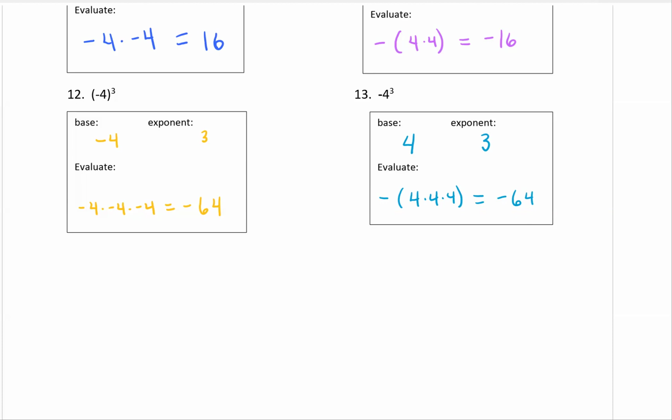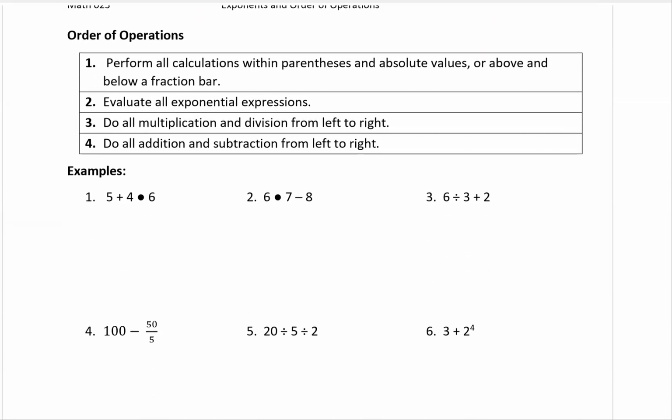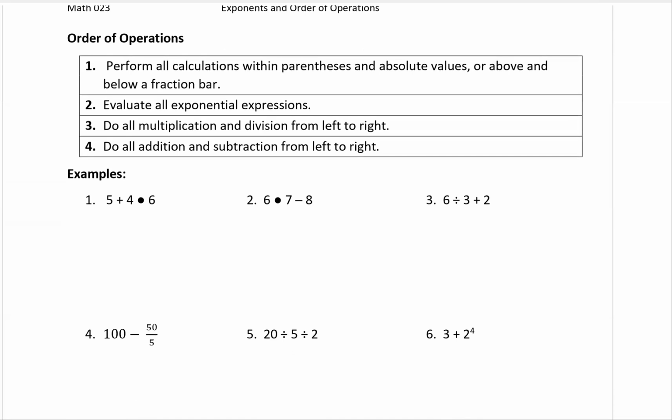All right, next we're going to look at order of operations. Number 1, perform all calculations within parentheses and absolute values or above and below a fraction bar. Next, evaluate all exponential expressions.